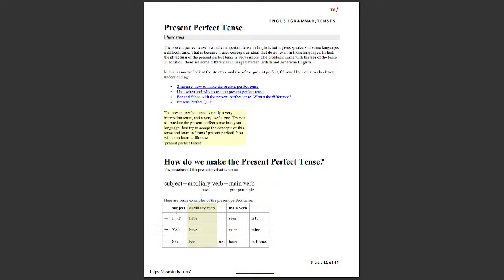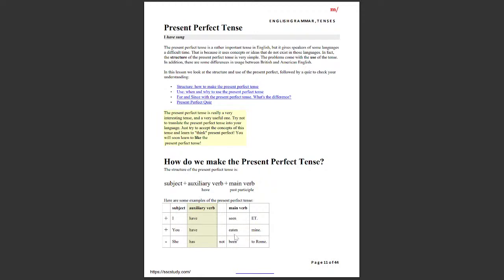Let us see positive sentences first. I have seen ET. So here the auxiliary verb, the helping verb, is have, and the main verb is seen. Okay, see, saw, seen. And you have eaten mine.